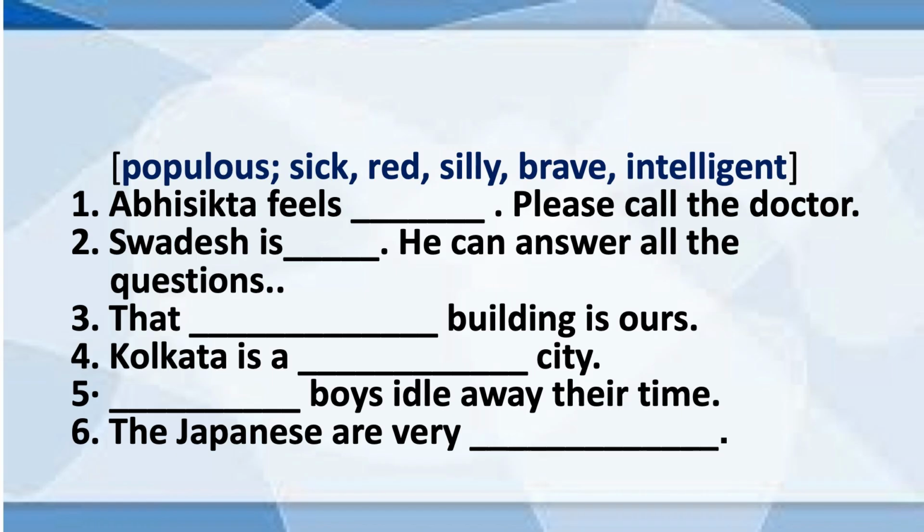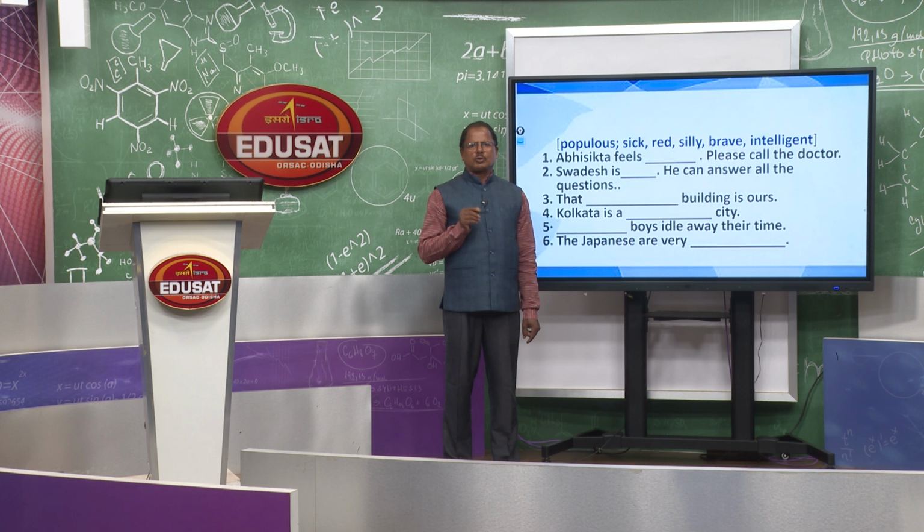So, you see, Abhishek feels dash. Now, you decide: feels sick, please call the doctor. So, there is a context, when there is a doctor, that means Abhishek is sick. Then Swadesh is dash, he can answer all the questions. Swadesh is very intelligent, so he can answer all the questions, right.